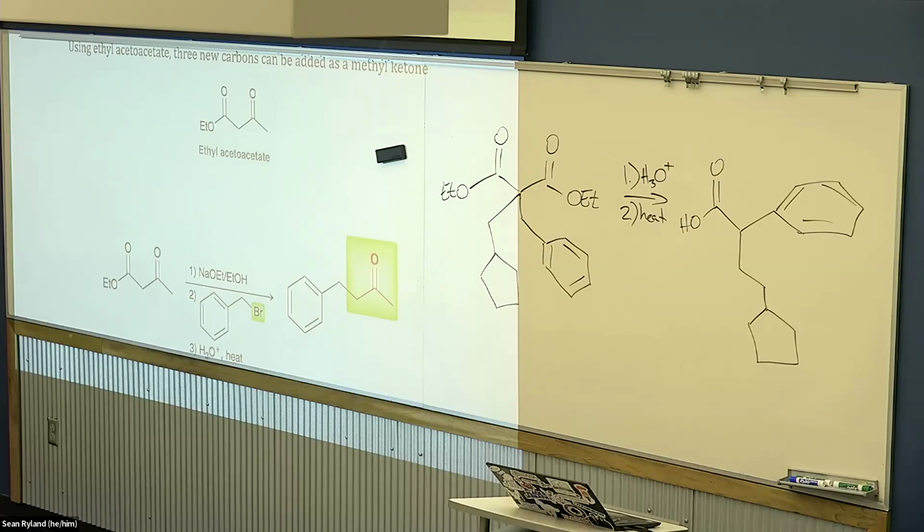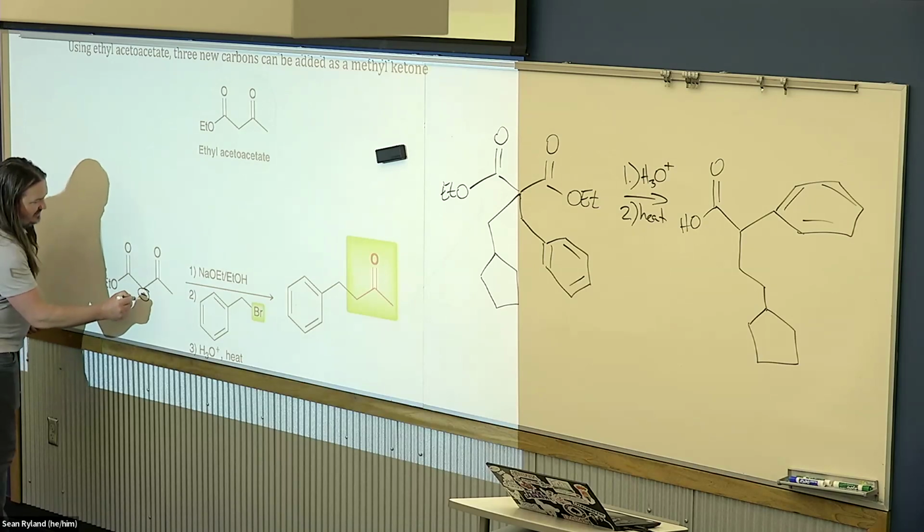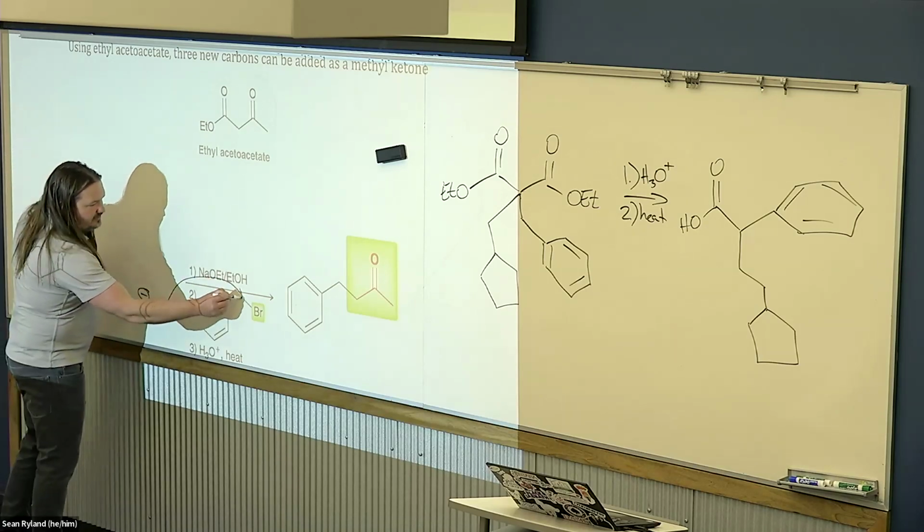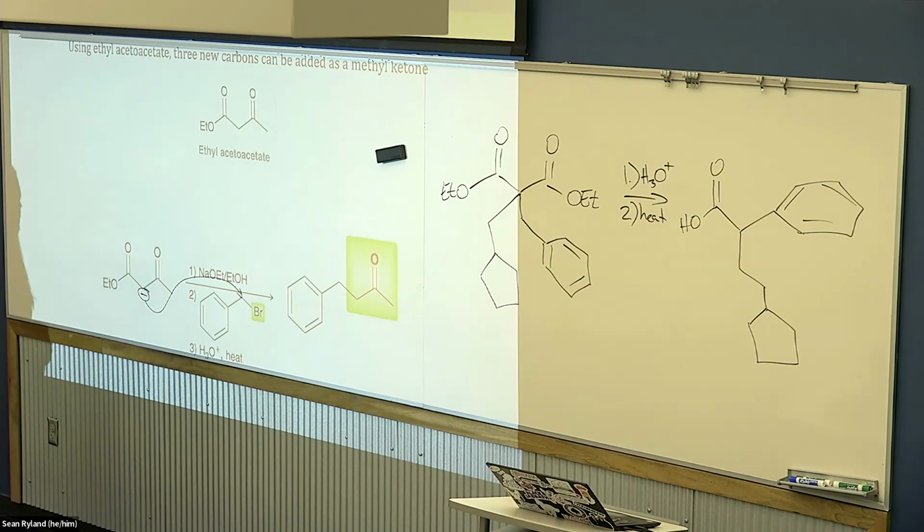Once we have that, we can deprotonate it pretty easily and use it as a nucleophile. The third step is the same as before: we take the ester, add heat, and decarboxylate it.